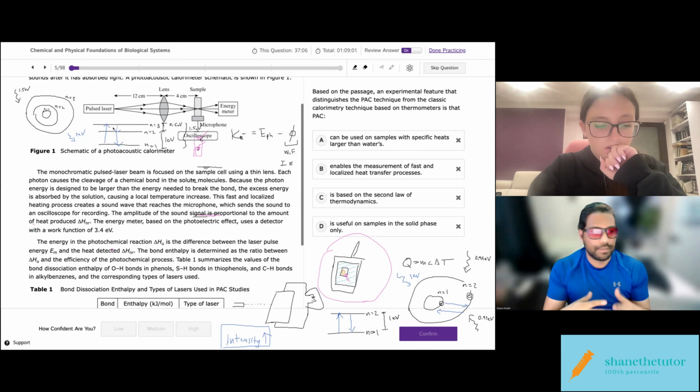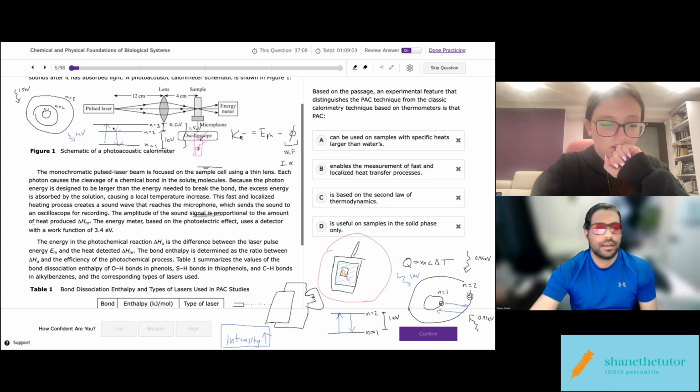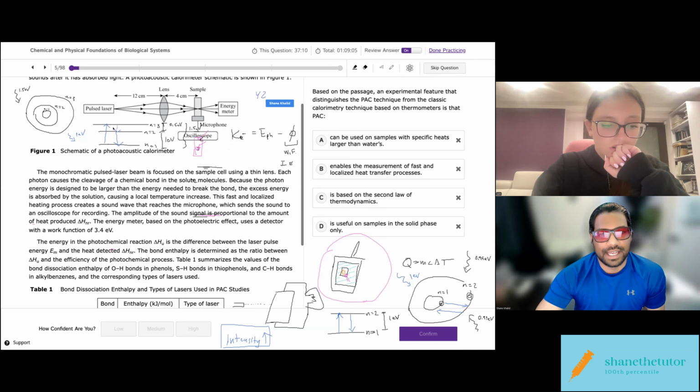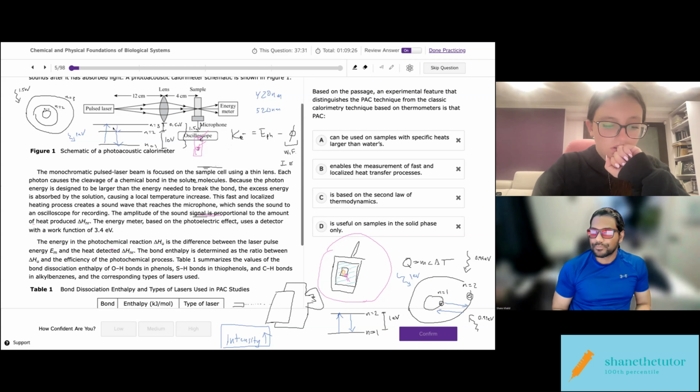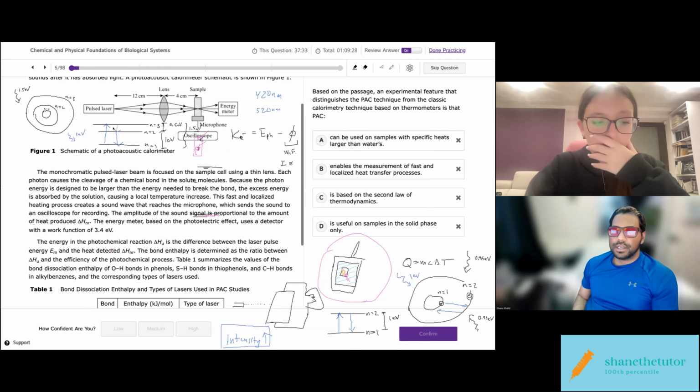You can also see it in passages, where they'll say something was excited at 420 nanometers and fluoresced at 520 nanometers, showing you that if it's high energy it'll have a low wavelength. So you'll see it written like that a lot, where they tell you the wavelength that something gets absorbed and the wavelength that gets fluoresced.